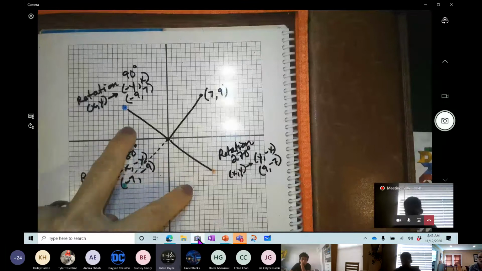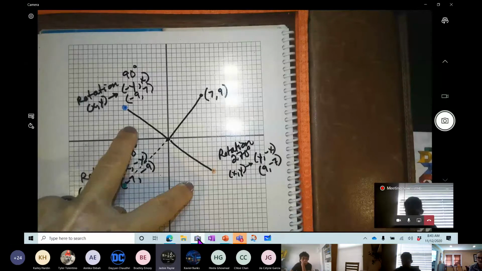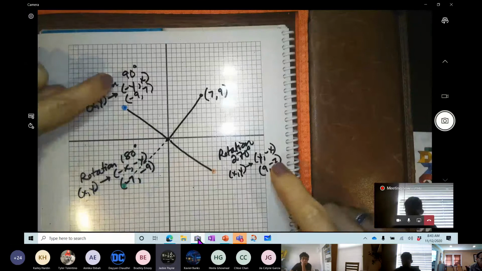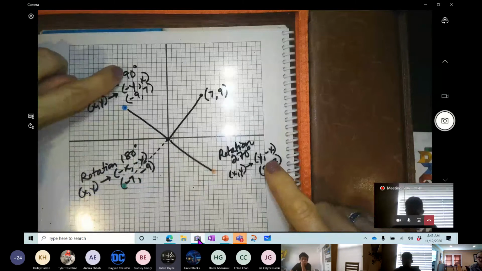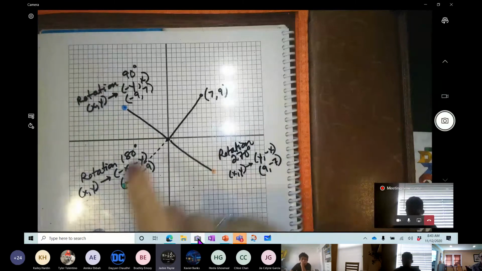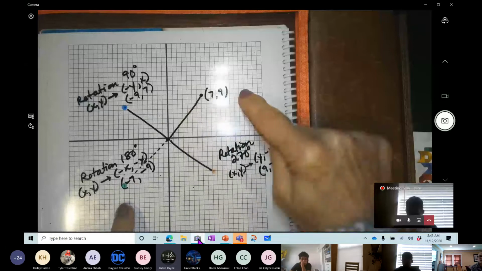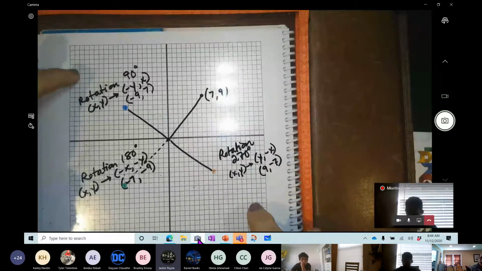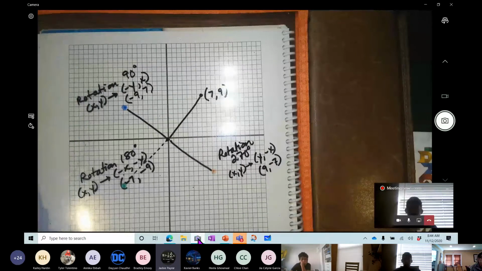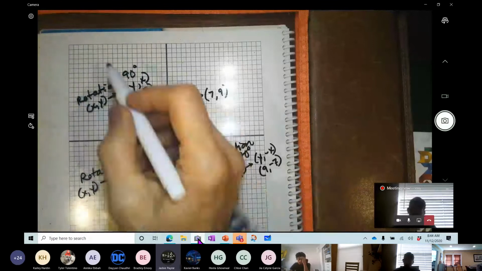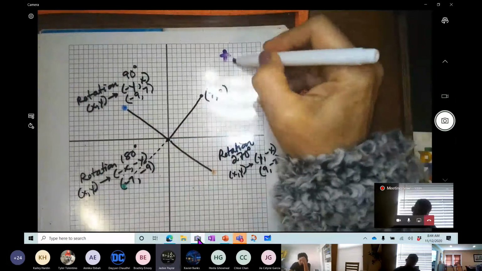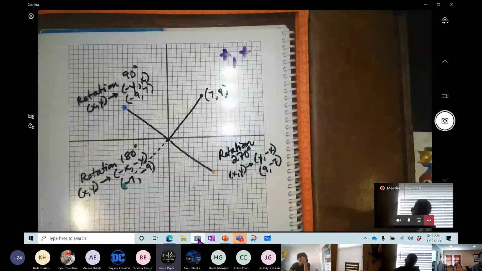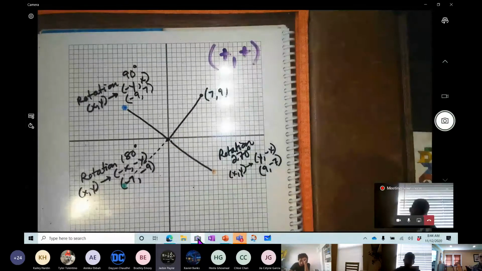On the 90 and the 270, the y and the x swap. On the 180, it should be easy to remember. All it does is turn negative. So those are the same, and these swap. And then to remember the signs, all you have to do is think about what quadrant you're in. This is quadrant 1, so everything is positive, all your points.